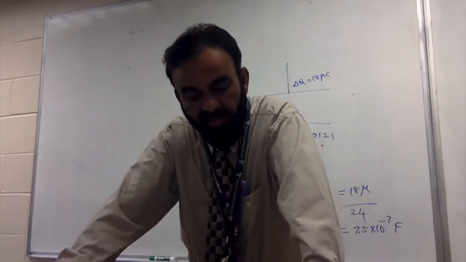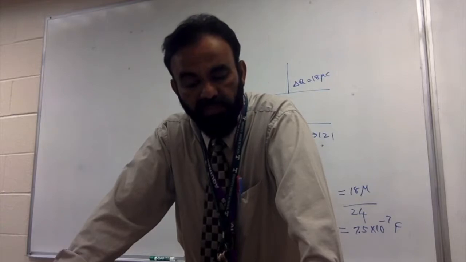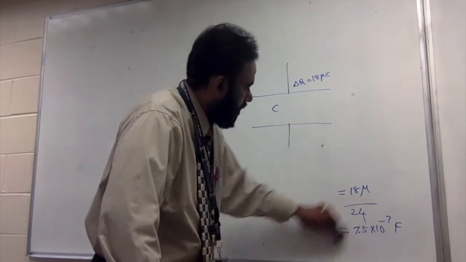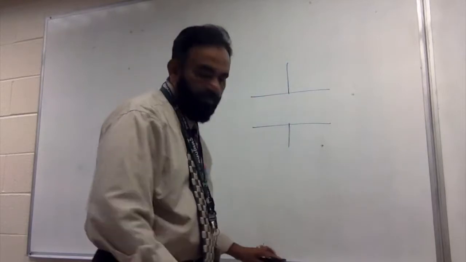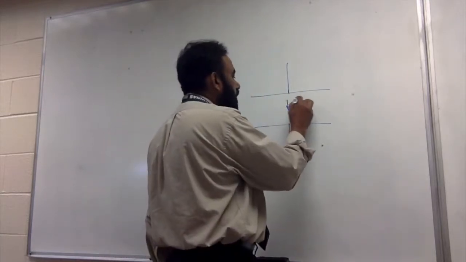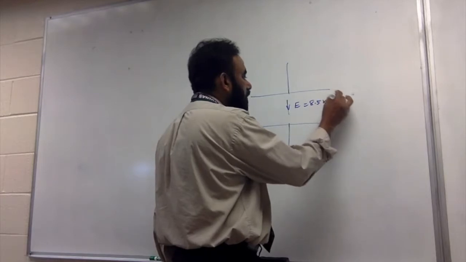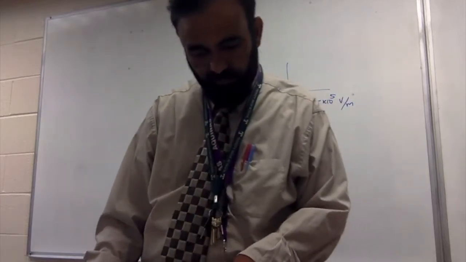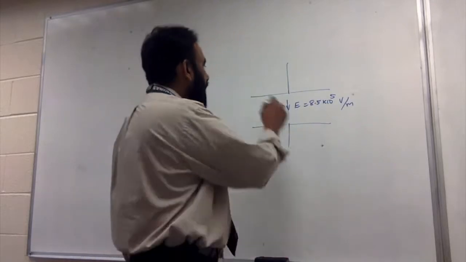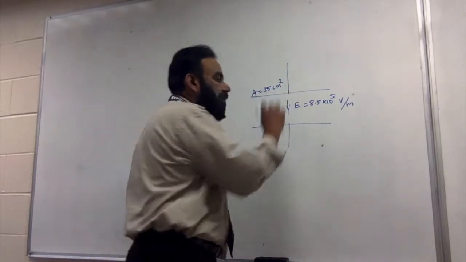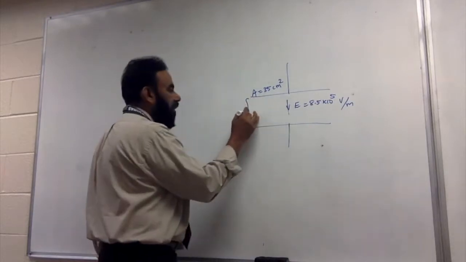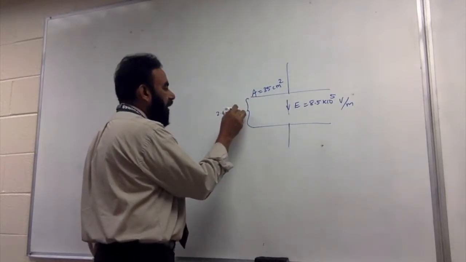An electric field of 8.5 times 10 power 5 volt per meter is desired between two parallel plates, each of area 35 centimeters square, separated by 2.45 millimeters of air.